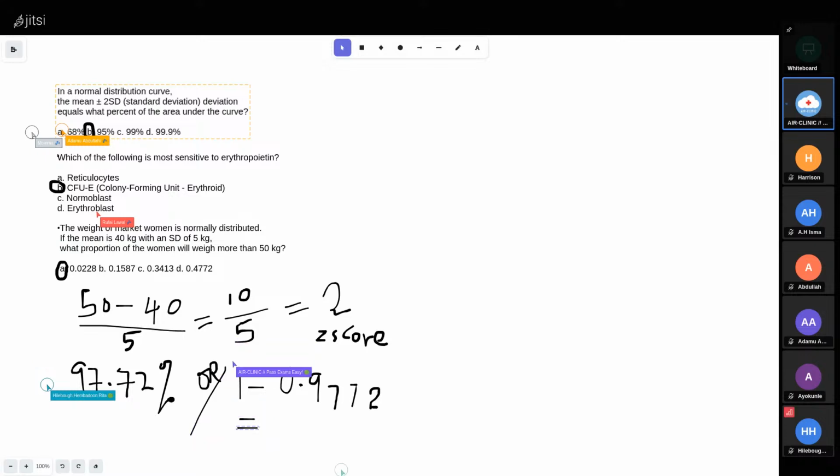So that's basically how it's derived. You need a chart of the Z score. This is two standard deviations, which you check in the Z score chart. That's how you get the 97%.